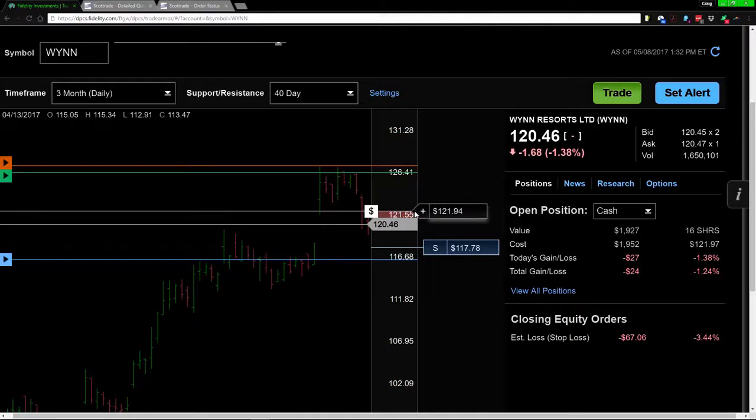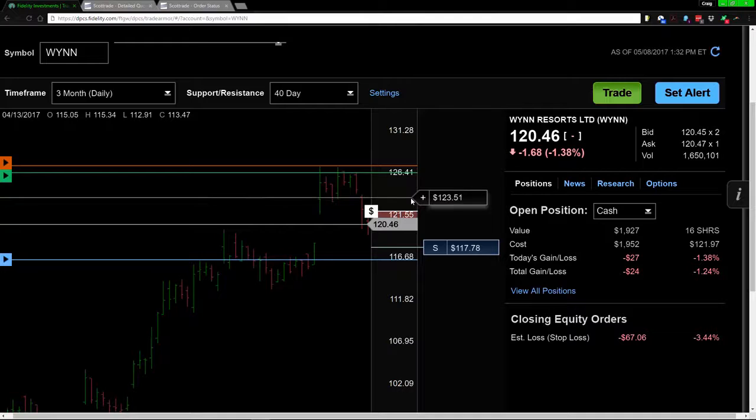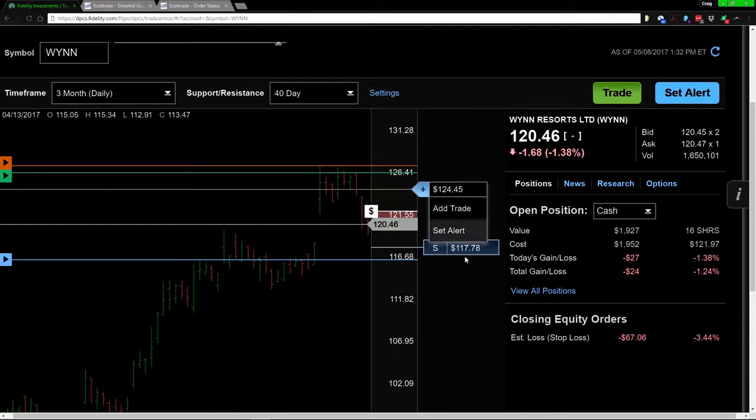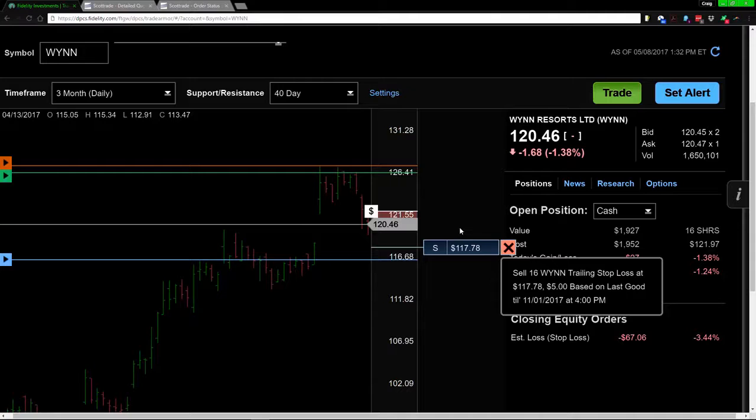So sometime on Friday it went up to 122.78, and that's what brought this up. Now, because it went below that $5 gap, this stopped going up, obviously. And basically what this is meant to do is, if it does go below this number, then go ahead and sell it.